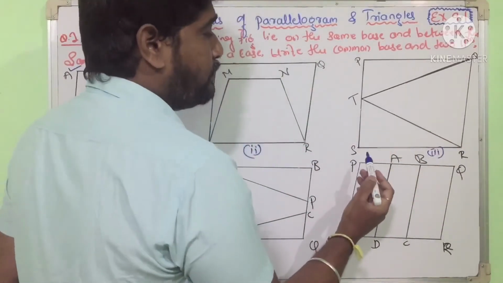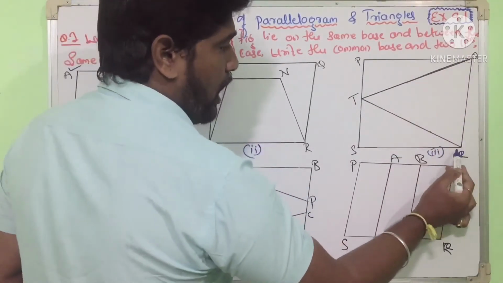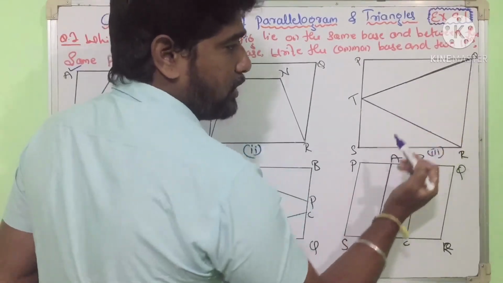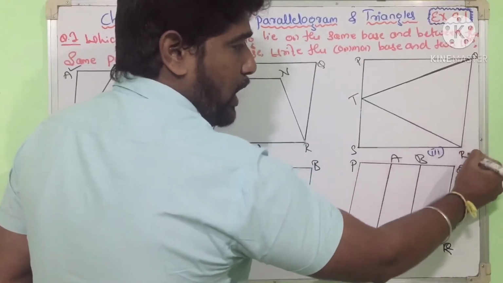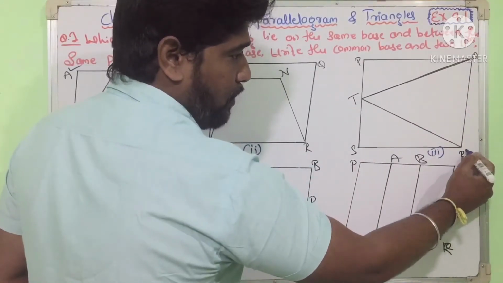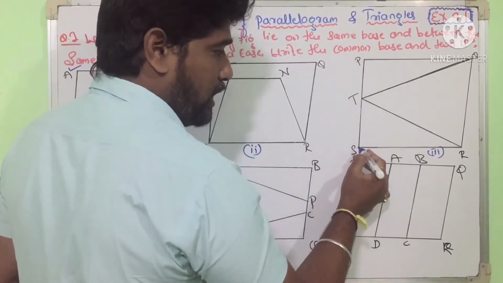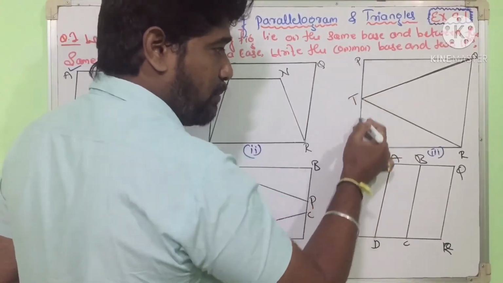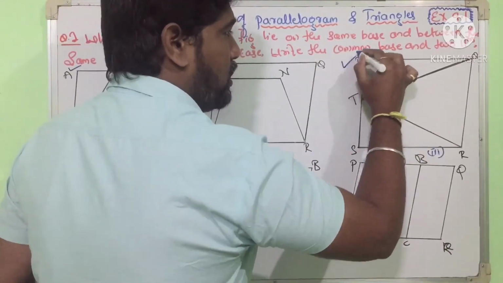So next figure, the third one. See here, two figures: PQRS is one figure and RTQ is another figure. These two figures have the common base QR, and opposite to the base there is a parallel line, and the vertices of these two figures lie on the same line, S, T, and P. So this one is right.